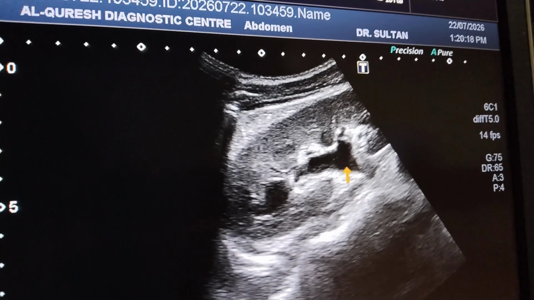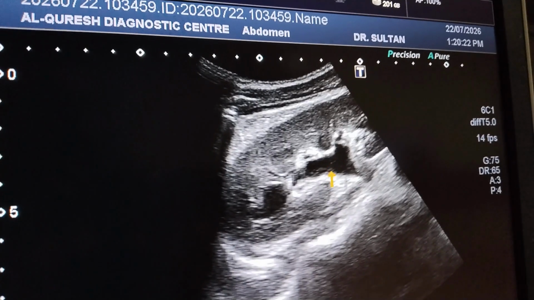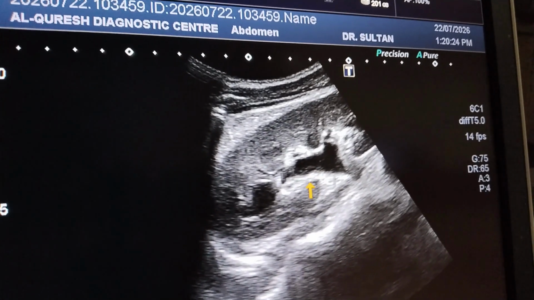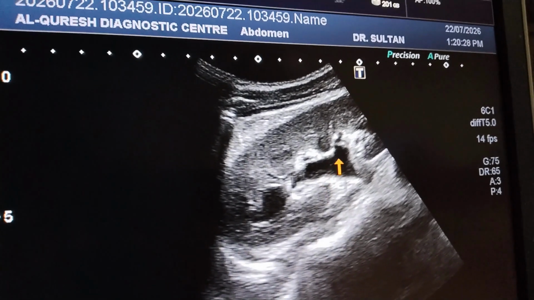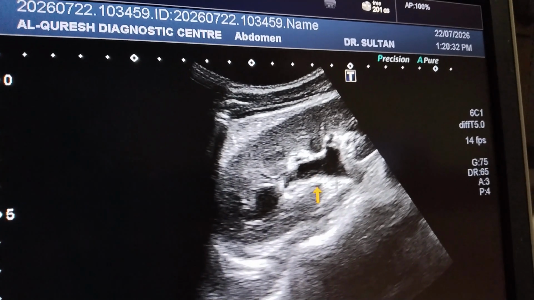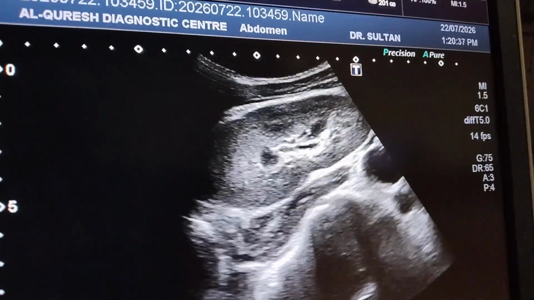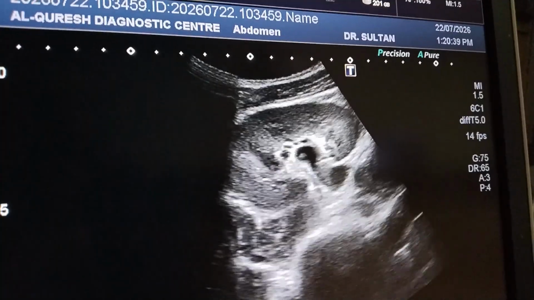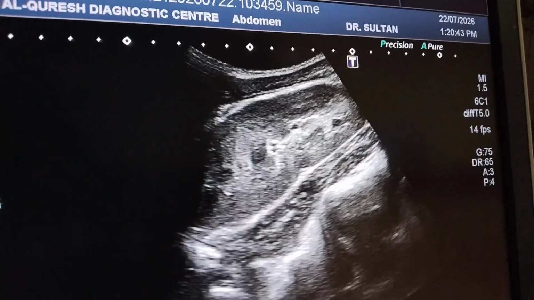Although now it is a prominent pelvicalyceal system, so it has displaced the renal sinus. While if there is no prominence of this calyceal system, it will not have such orientation. Then we should take the help of the probe handling.